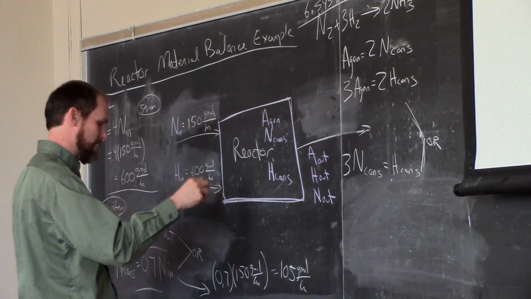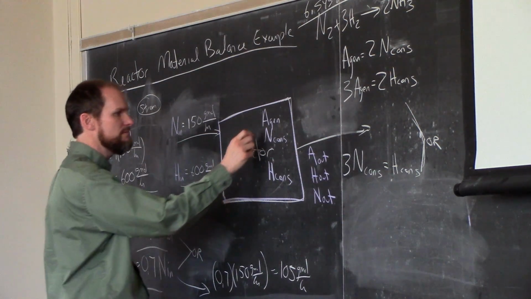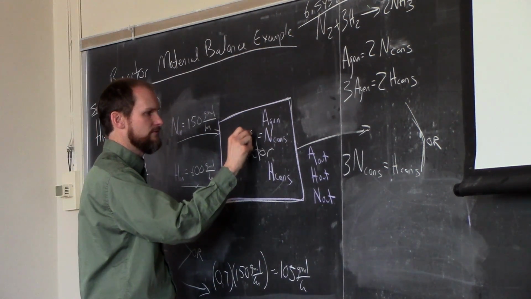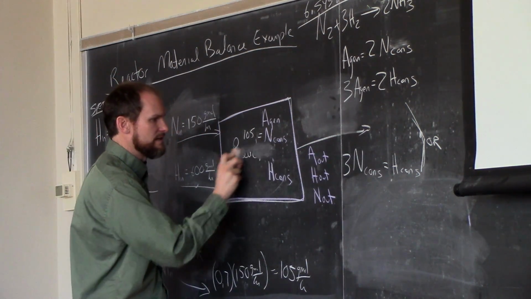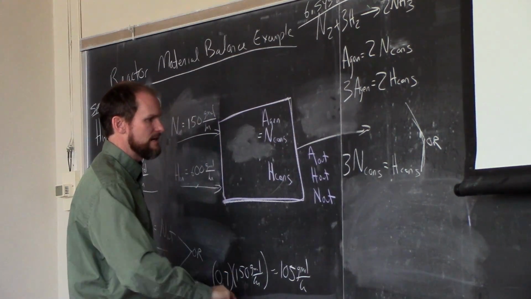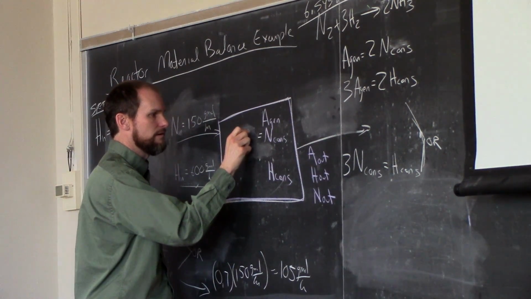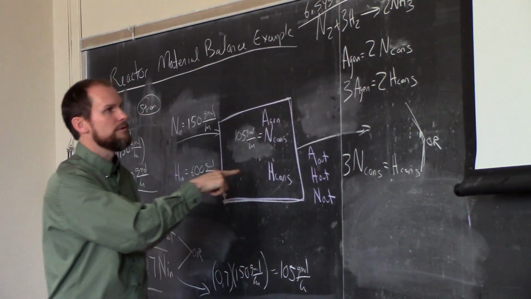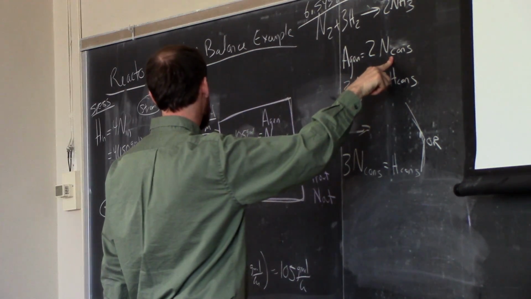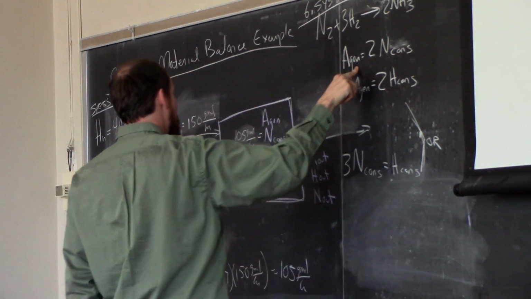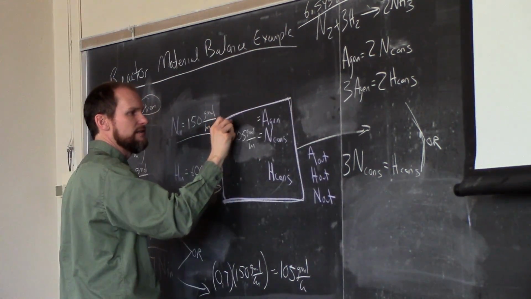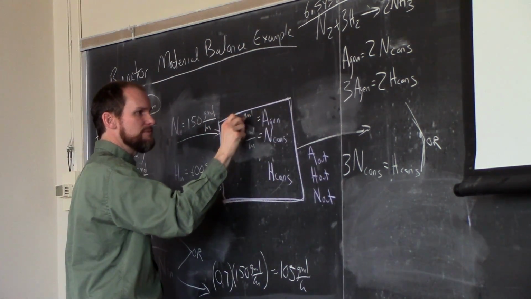That's N consumed. Once I've got that, then this stuff plugs in from N consumed. Twice that is the A gen, so that's going to be 210 gram moles per hour.